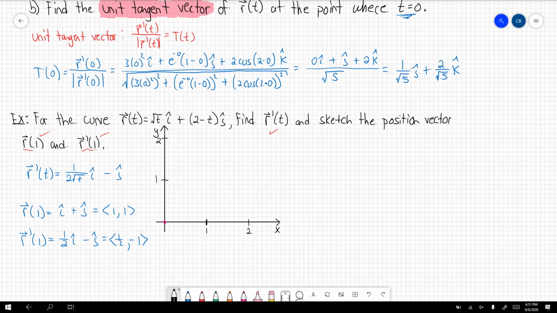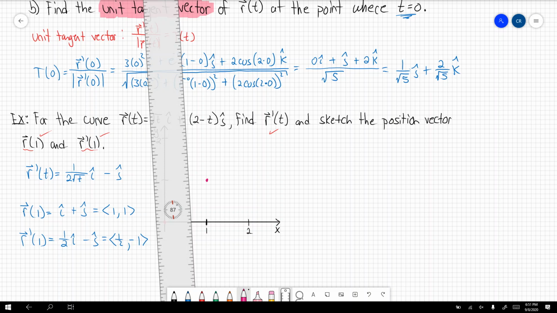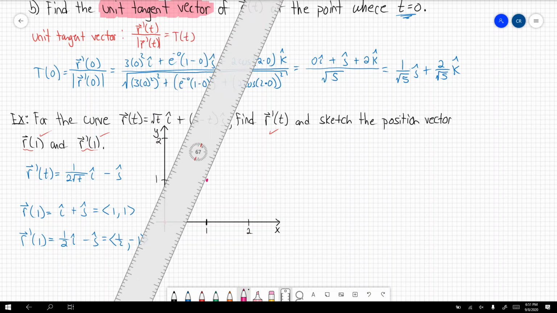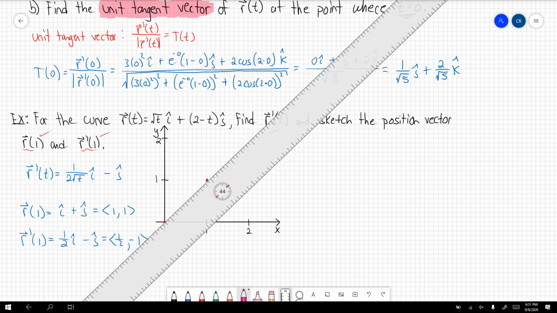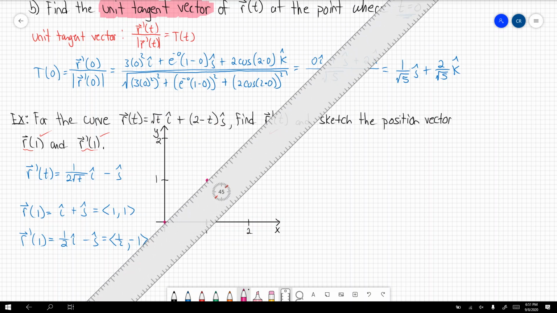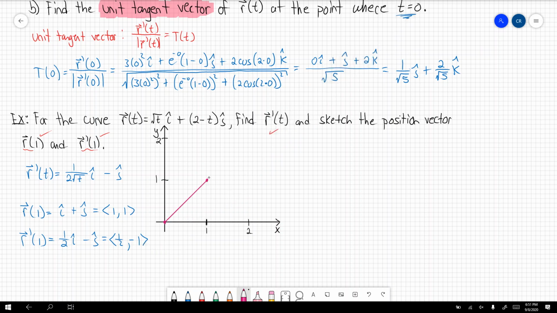Okay, so here goes my first component. Starting from the origin, we're going to go with 1, 1. So in the x component we go 1, and in the y component we also go 1. And so here is my position vector, 1, 1. And again, position vectors are measured from the origin.